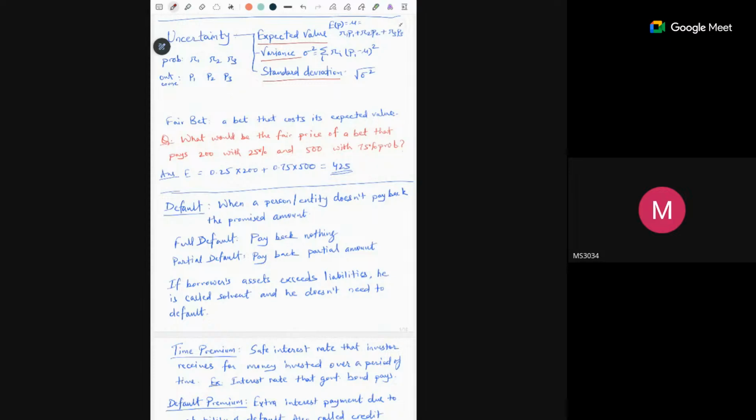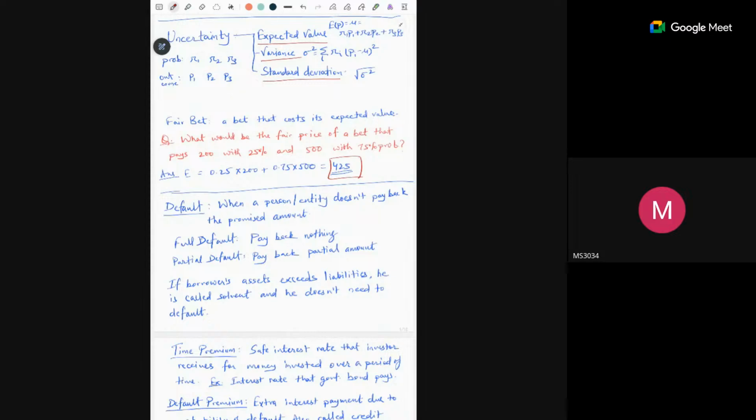We can calculate its fair price. Its expected value would be equal to its fair price. So if we calculate the expected value, that would be 0.25 times 200 plus 0.75 times 500, and that is equal to 425. So this is the fair price of this bet.